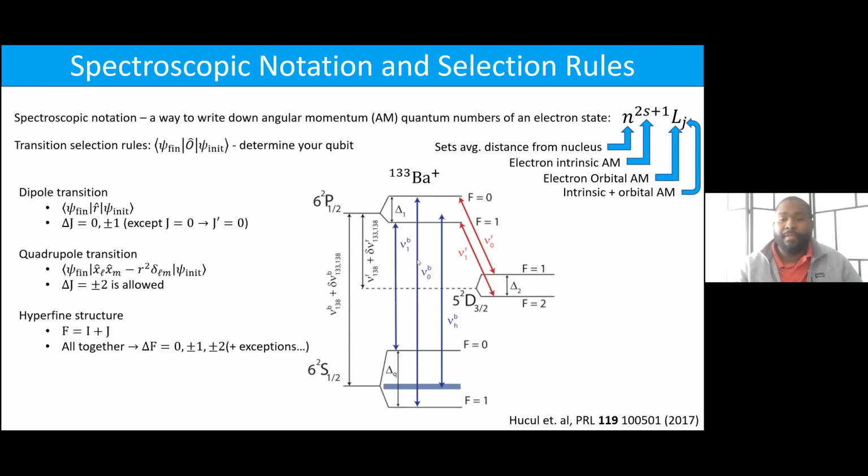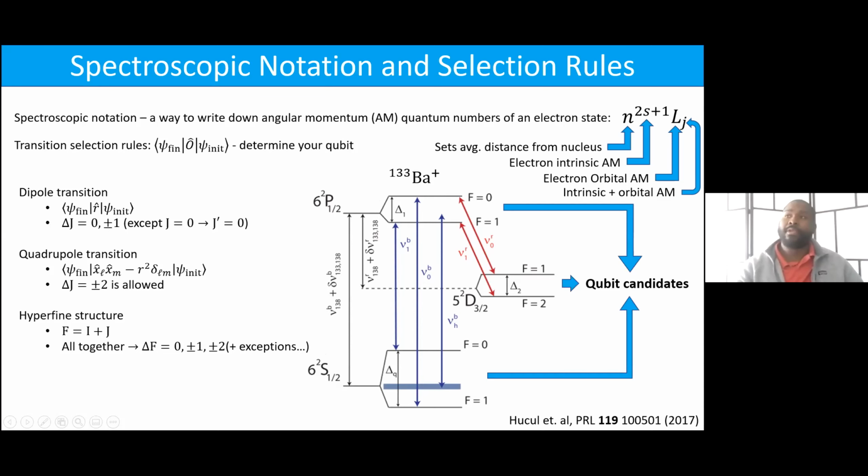Okay, and so here I've included an energy level diagram from one of the Campbell group's papers, where you can see this base labeling for these electron states, the 6 2P1/2, the 6 2S1/2. This is what I described here. And you see that because of hyperfine structure, these energy levels split into these F equals 0, F equals 1 levels, or F equals 1 and 2 levels, or F equals 0 and 1. Okay.